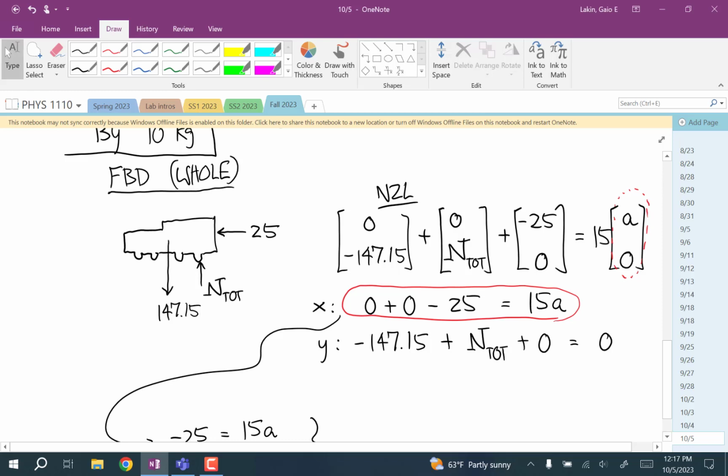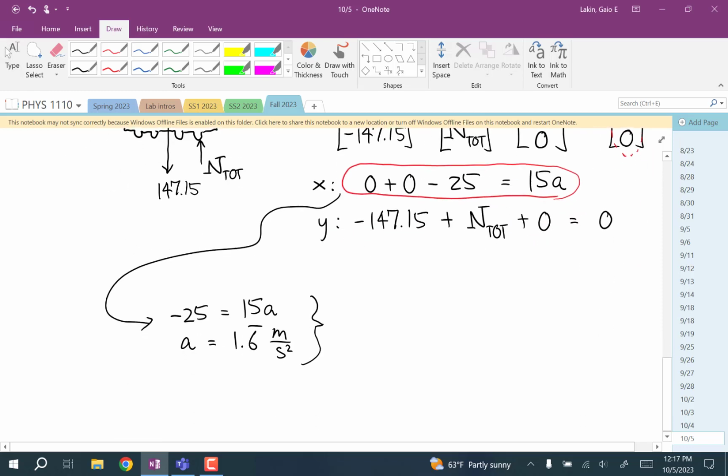Now plug that into the acceleration vector that we used here in Newton's second law. And you get that the acceleration vector is, oh, I left off a negative. Okay, a is equal to negative 1.6 repeating. So plug that into the vector and you get negative 1.6 repeating and then 0 for y.